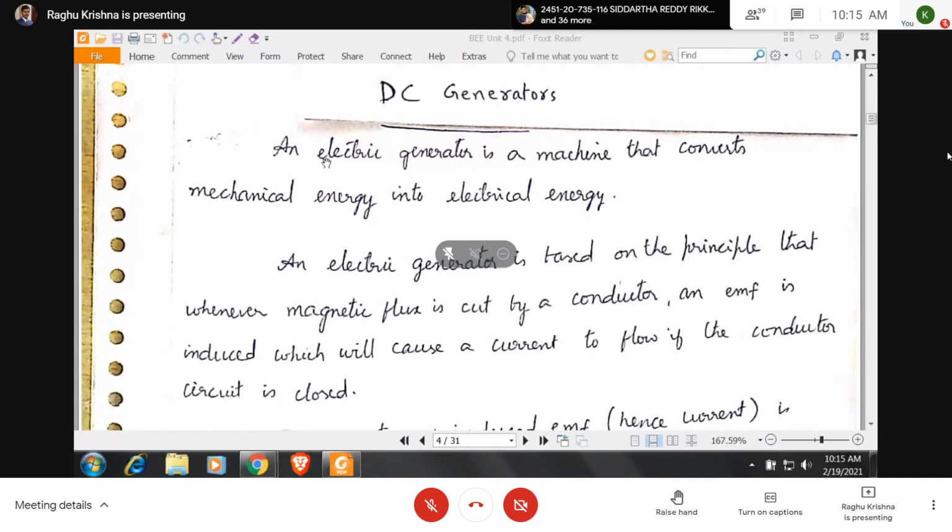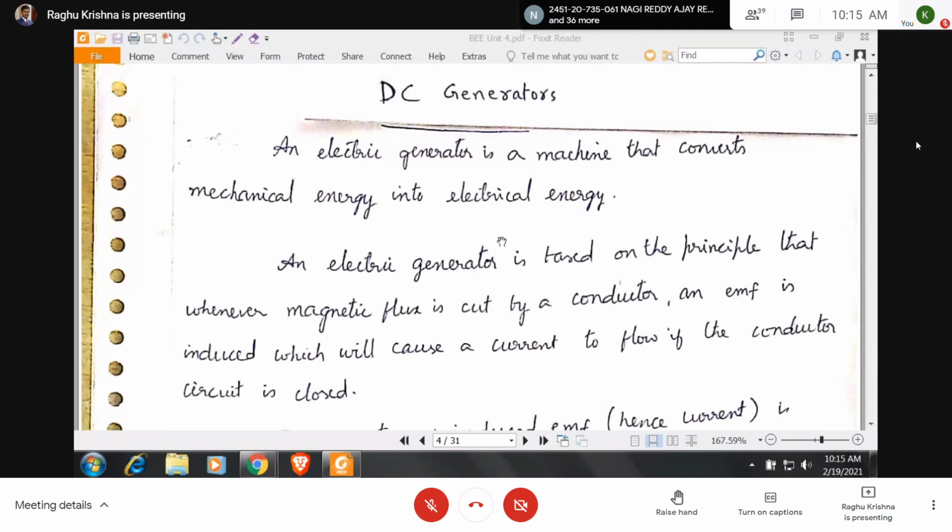We know that an electric generator is a machine that converts mechanical energy into electrical energy. Let us take an example of a diesel generator.